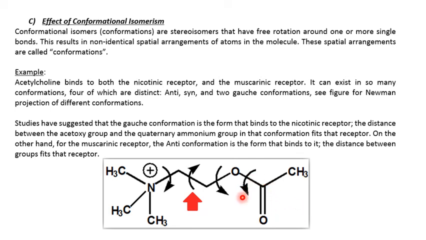On the other hand, the anti-conformation will produce a different distance between these 2 groups that would fit the muscarinic receptor better.